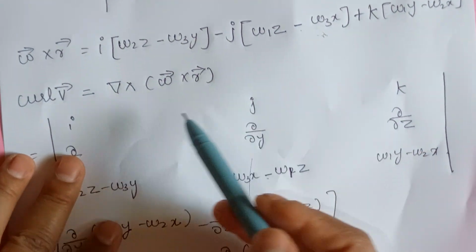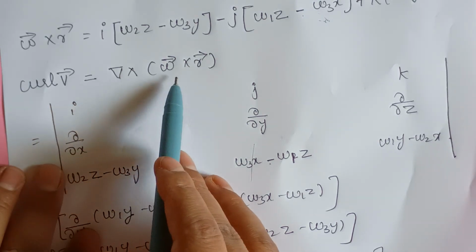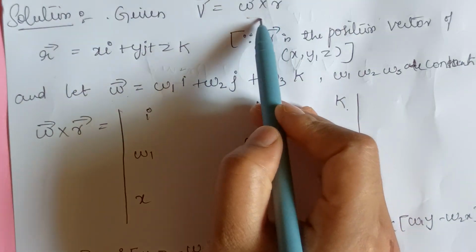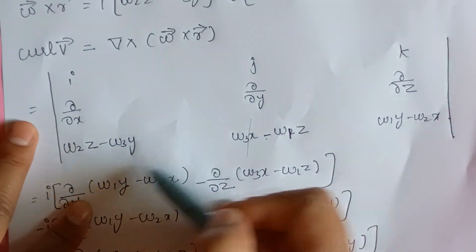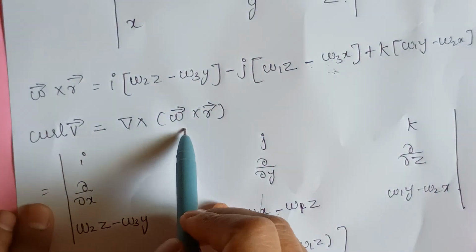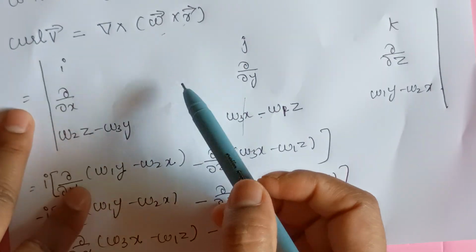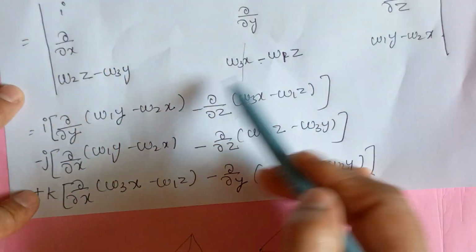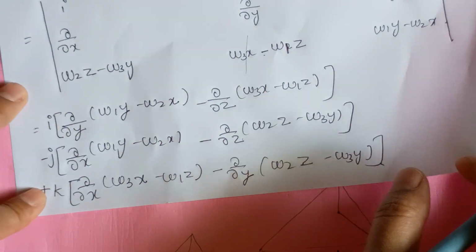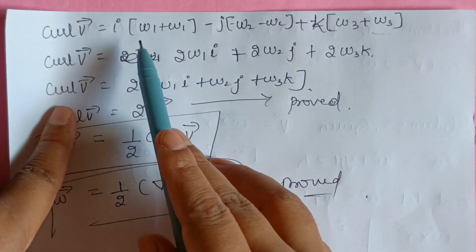If I find the determinant of that, I get this. Similarly, I found the curl of vector v, that is del cross vector v, which from the given is del cross vector w cross vector r. We found the determinant of these two, and after finding the determinant we get this equation for the curl of vector v.